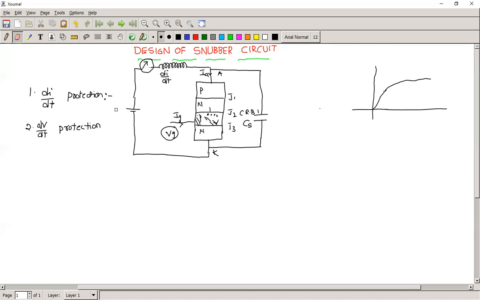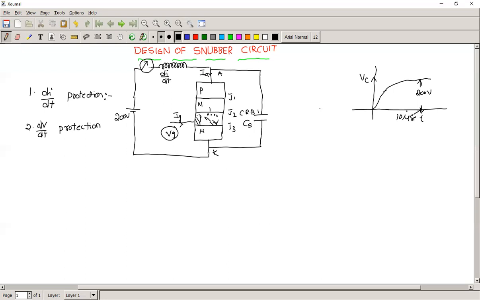Suppose we apply the voltage Vs of 200 volts, presuming that after some time the voltage across the capacitor reaches 200 volts. After this instant, suppose this time is 10 microseconds.